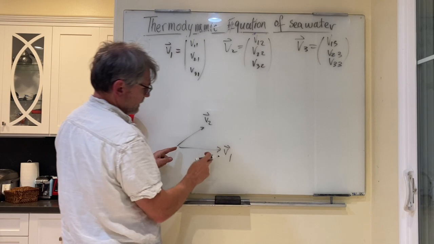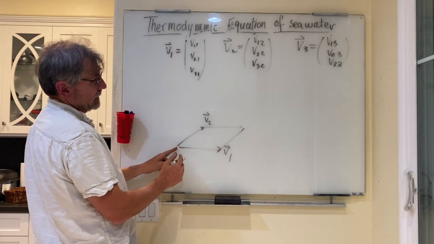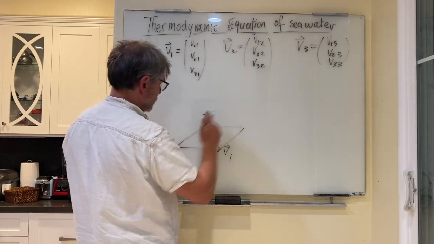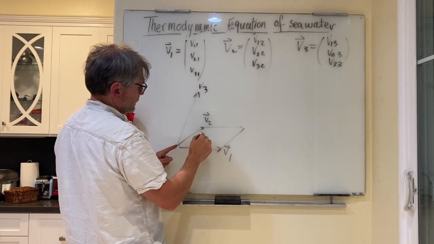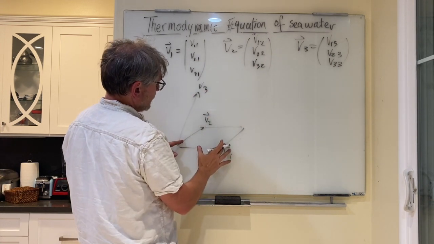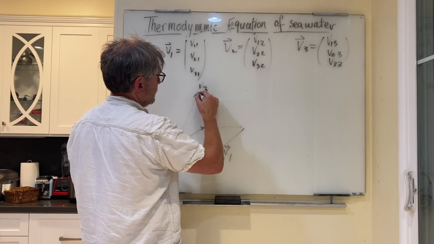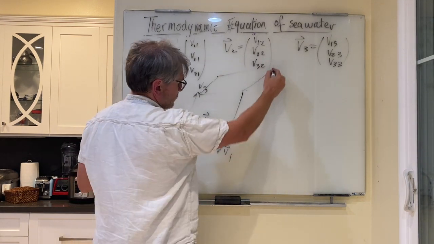If I sweep v1 along v2, I'll sweep out this area. Now if I take this area and sweep it along v3, suppose v3 is over here, then I will move this area parallel to itself along v3, and I'll have swept out this volume over here.